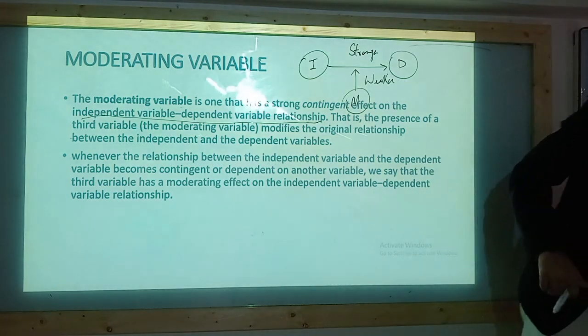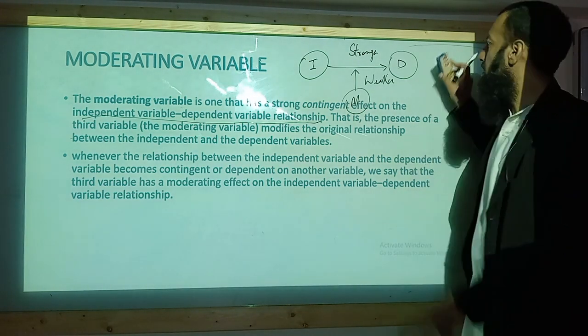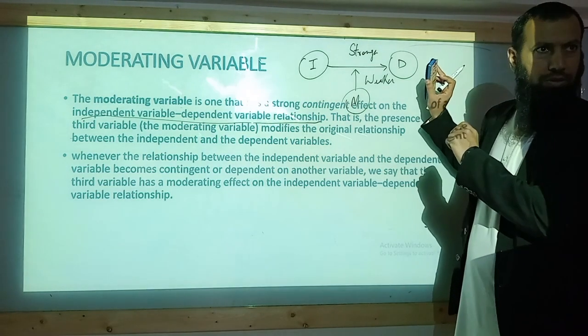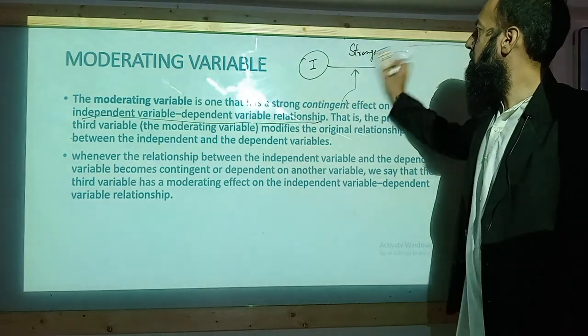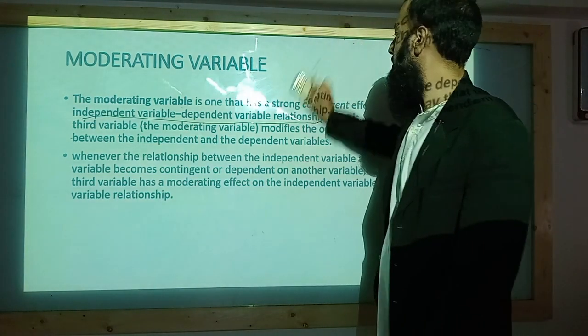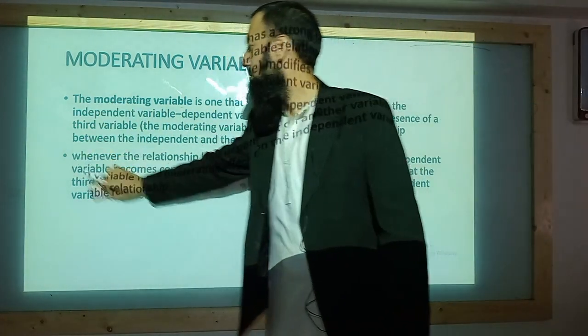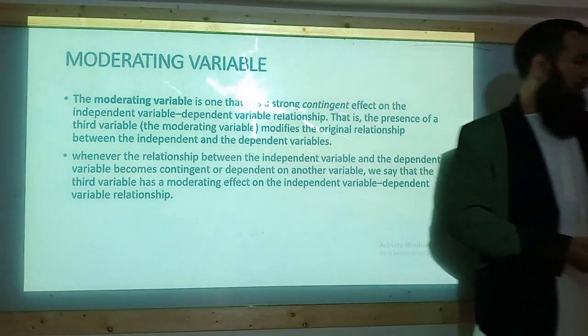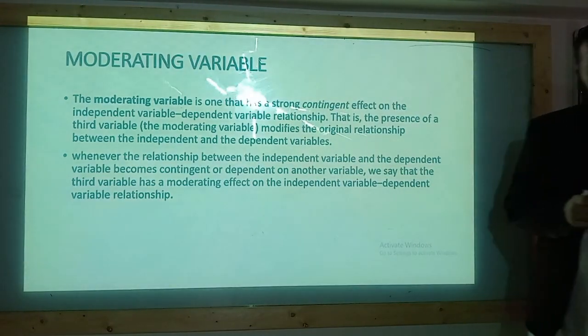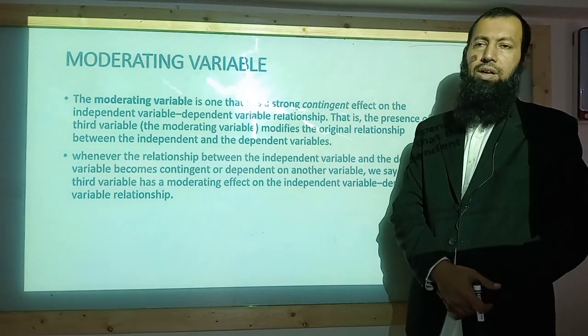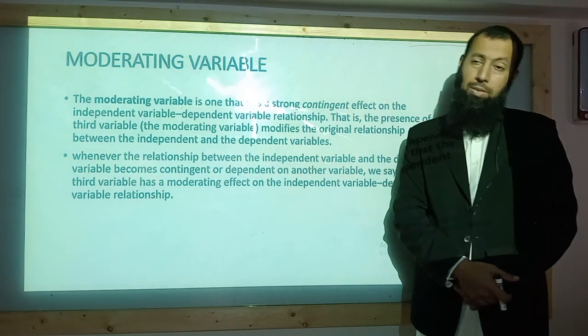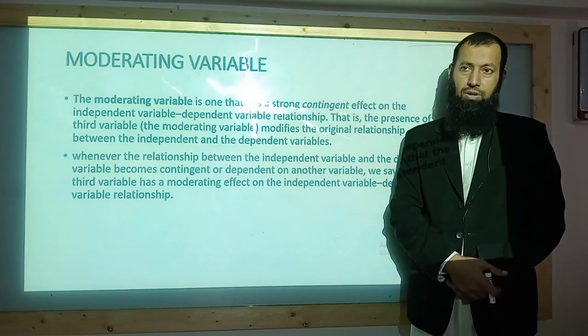Now we are going toward the examples and more. Have you written this down? If we say in other words, would it be correct or not that independent and dependent rely on the moderating variable? Is it correct? No, there is an effect on the existing relationship. There must be an existing relationship before.